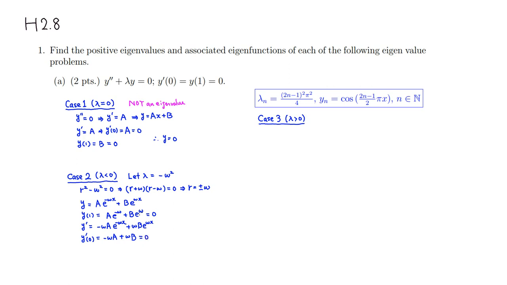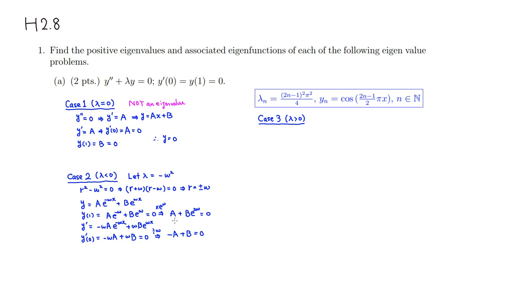Since omega is non-zero, actually a positive constant, we can divide it through by omega, so we get negative a plus b equals 0. From the other equation, we can multiply by e to the omega so that this cancels out, and you get a plus b times e to the 2 omega equals 0.